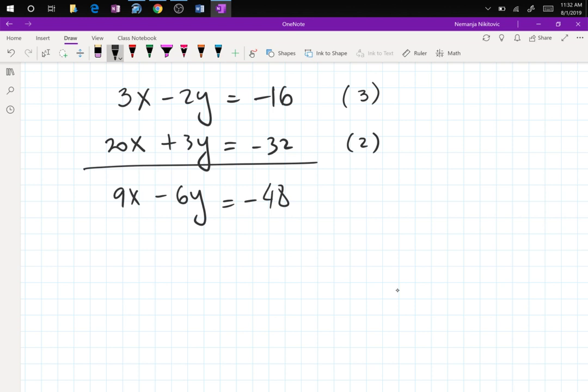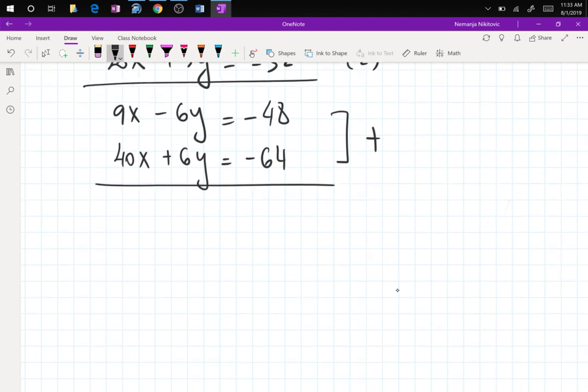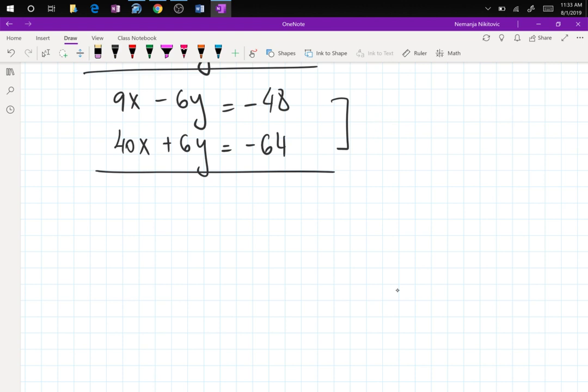And the bottom equation times 2 is 40x plus 6y is equal to negative 64. When you add the two equations, you get 49x, the y's are cancelled, is equal to negative 112.